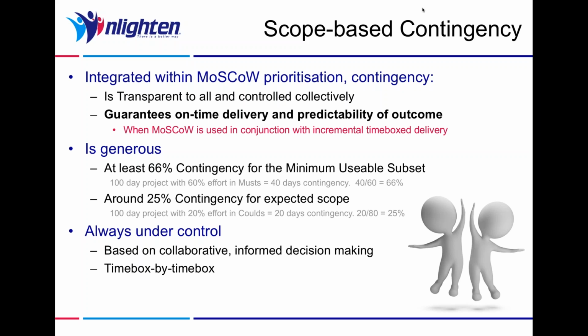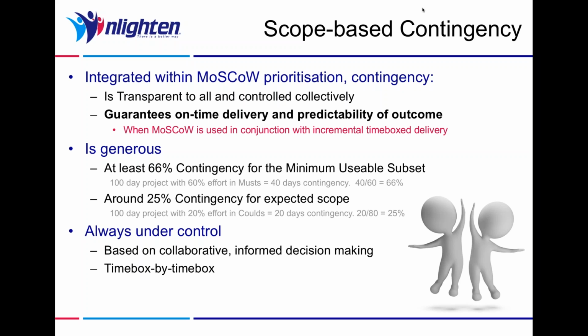If anything goes wrong in our first time box, or any challenge arises, or any change happens, then we'll deliver less than the expected amount, or the planned amount. And remember here with our time box, or our sprint, we're talking typically 2 to 4 weeks.